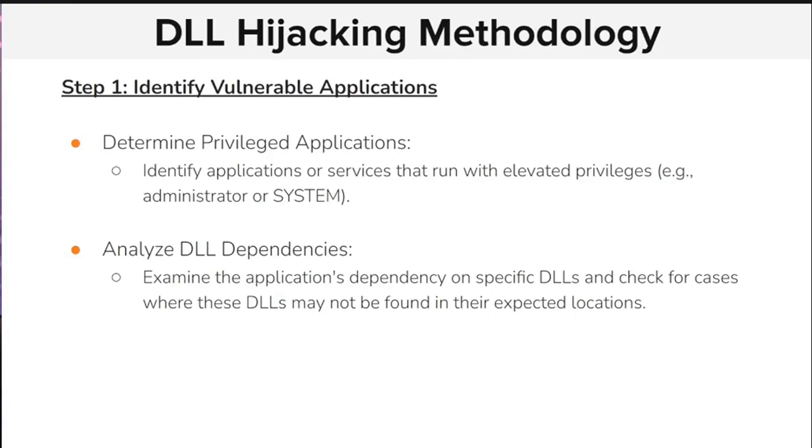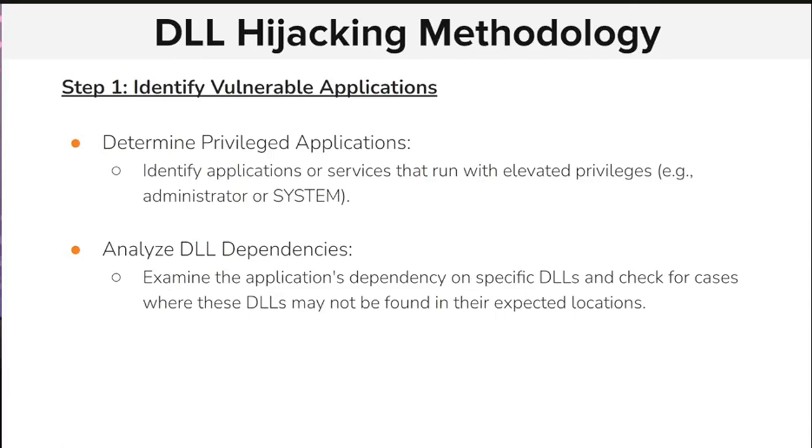It essentially means looking for programs installed on the target system that are running with specific privileges. But again, this is not really set in stone. So you determine privileged applications, and then you analyze. This is very important. We analyze the DLL dependencies.